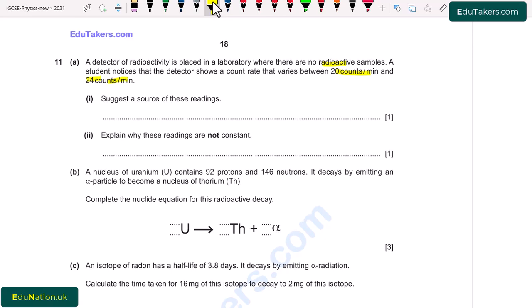Part 1. Suggest a source of these readings. As there is no radioactive sample placed near the detector in the laboratory, but there is still a count rate, it is basically due to the background radiation that is present in the atmosphere. So I write here background radiation.